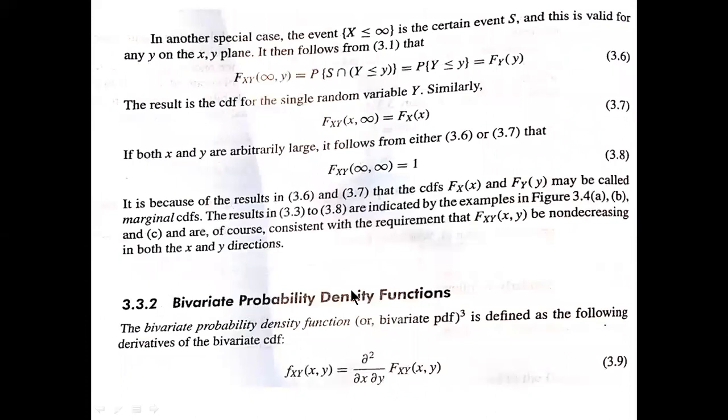Then the bivariate PDF, probability density function. The bivariate probability density function or bivariate PDF is defined as the differential. Now, this is twice differentiating, once with respect to x, another with respect to y, of the CDF. Okay, PDF will be the differential of the CDF, but this will be differentiated twice, one with respect to x, another time with respect to y.